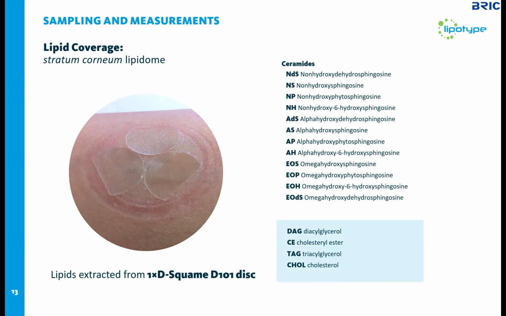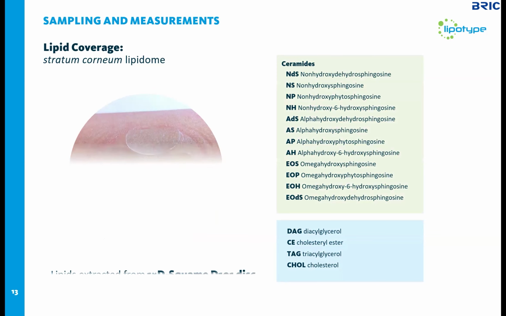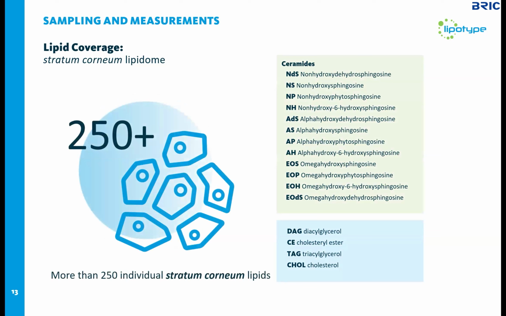These are diacylglycerols, triacylglycerols, cholesterol, and esterified cholesterol, as well as 12 subclasses of ceramides, which have been mentioned before. And having said that, extracting and analyzing one small D101 D-Squame disc, it's possible to identify and quantify more than 250 individual lipid species in the sample of stratum corneum.